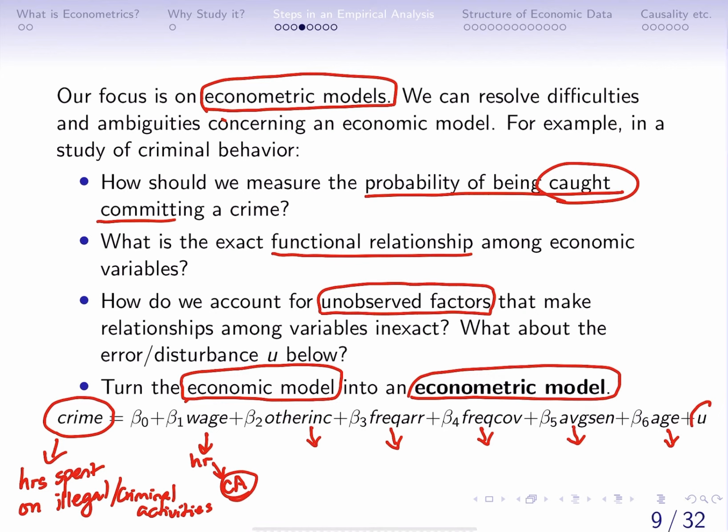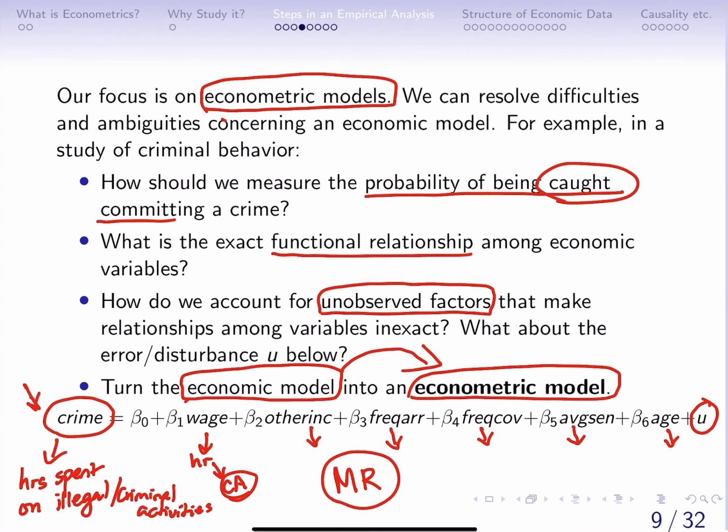So there's lots of things that could be part of this unobservable, which is you. So once we come up with the economic model, we have turned this into an econometric model. We have actually written out a multiple regression model right here, in which the dependent variable is a function of all of these variables of interest.